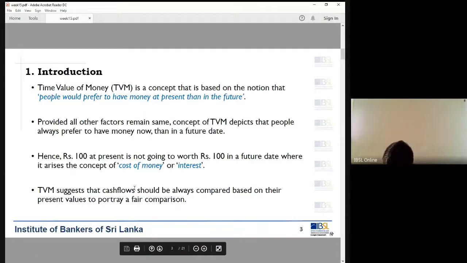So lastly, I would highlight the fact that the time value of money concept suggests that cash flow should always be compared based on their present values and not the individual future values at different time periods. Why do we do that? That is in order to portray a fair comparison.